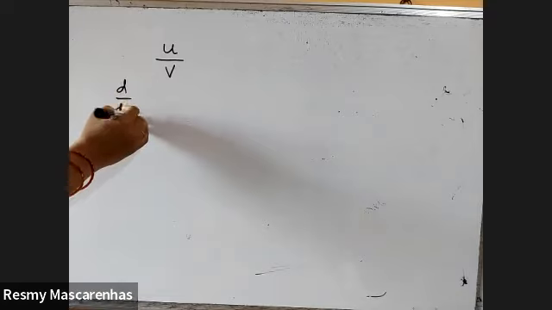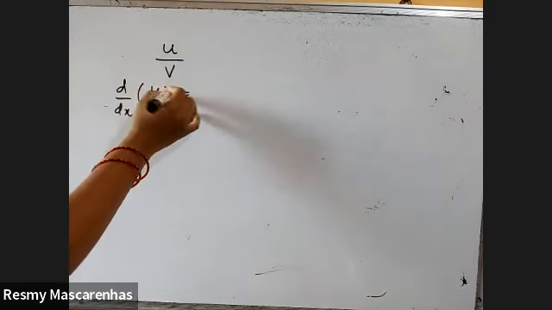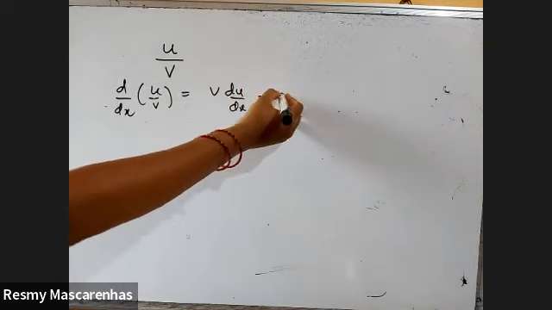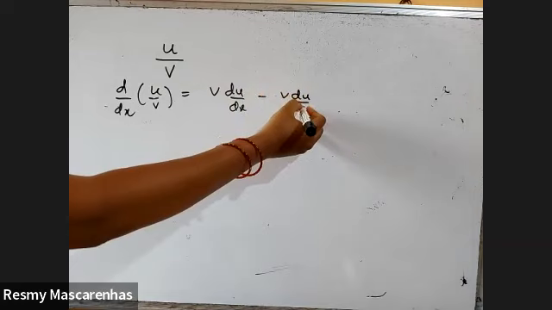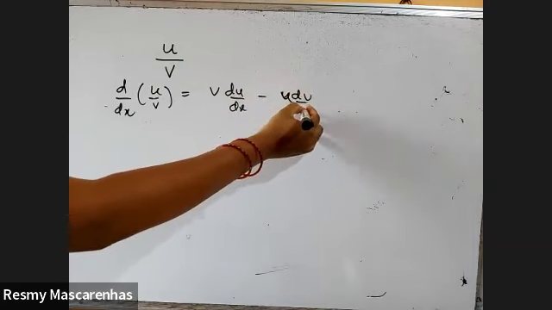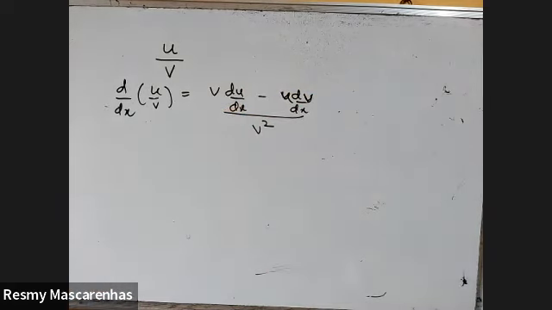The derivative of u upon v is v into derivative of u, now minus sign, u into derivative of v, upon v square.